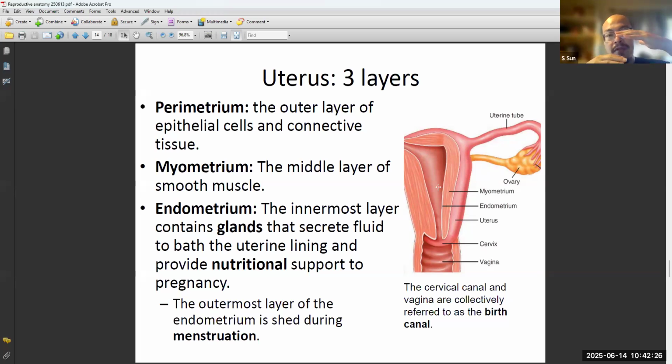And so it will develop for implantation. If there's no implantation, it will get shed away. You will have menstruation, meaning there is bleeding out of this uterus. So this is the layer that has the shedding, the menstruation. That's what you need to know.